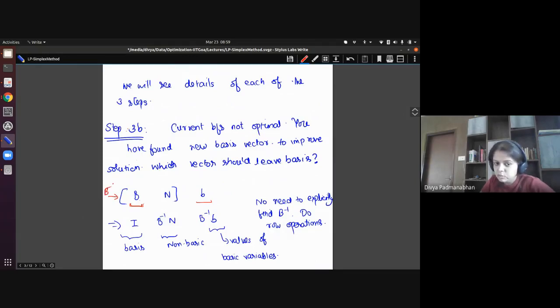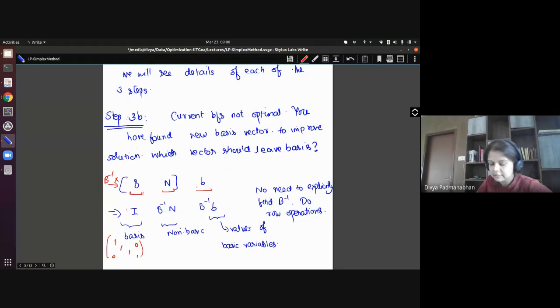That gives you I, and B inverse N, and B inverse b. The reason is that if you have it in this form, I is a diagonal matrix of 1, 1, 1, so you can just read off the solution as B inverse b. All the basic variables take the value of B inverse b, and the non-basic variables take a value of 0. That's the reason it's transformed into I.